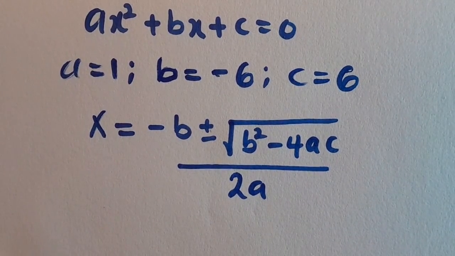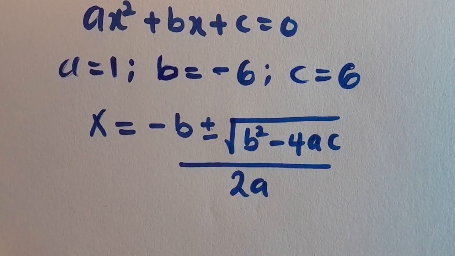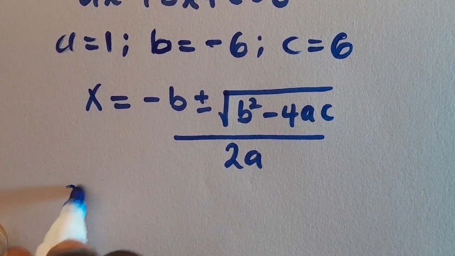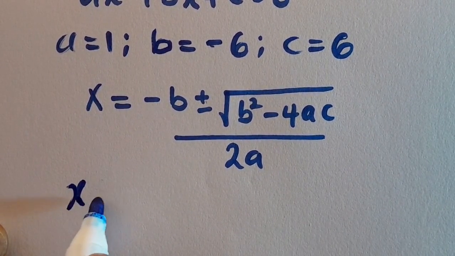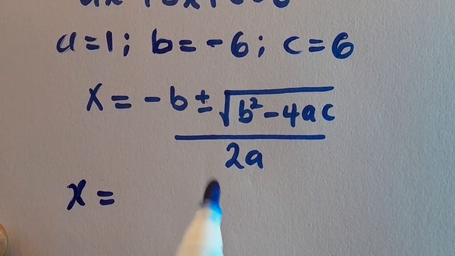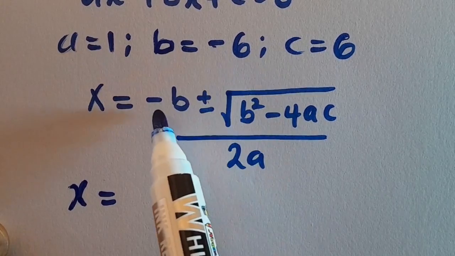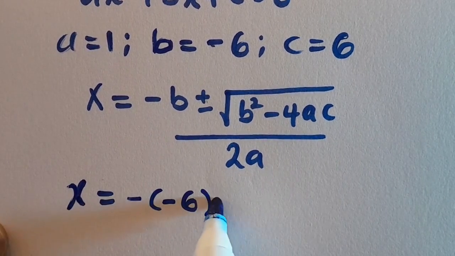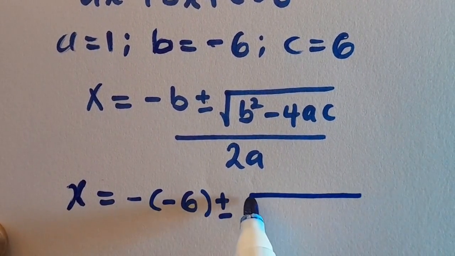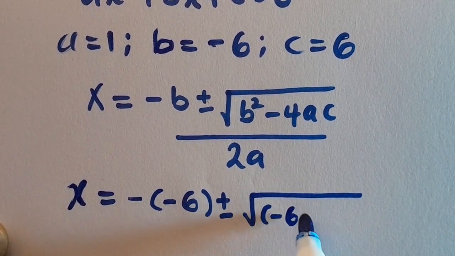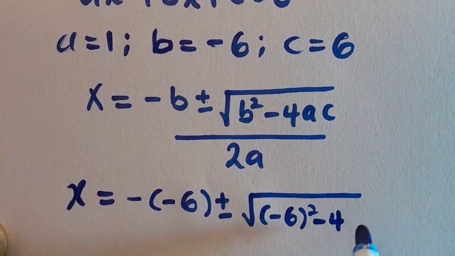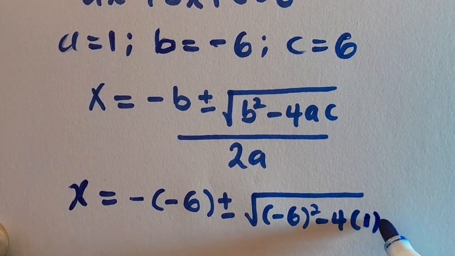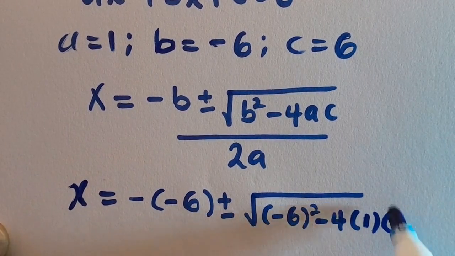Now from here we can have our x as minus b, which will now be minus into minus 6, positive or negative, square root of minus 6 all squared minus 4, multiplied by our a which is 1, then our c is 6.